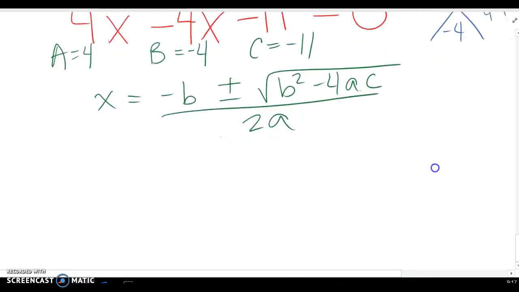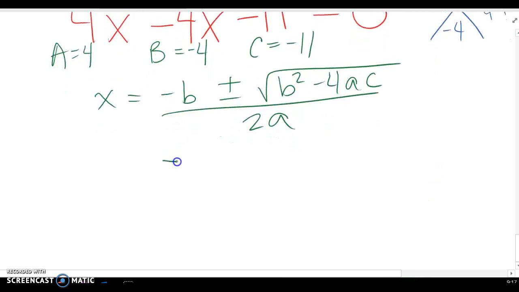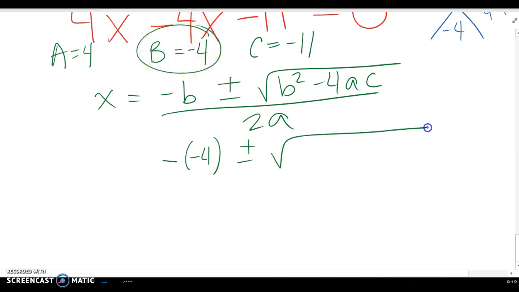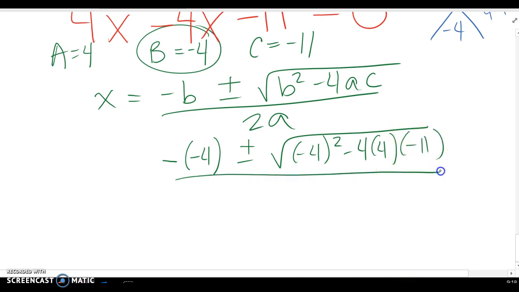When I substitute, I get negative negative 4, since B is negative 4, plus or minus the square root of negative 4 squared minus 4 times 4 times negative 11, all divided by 2 times 4.